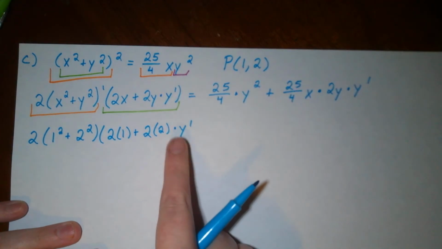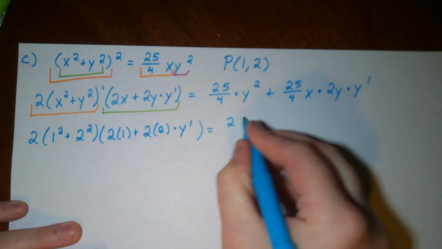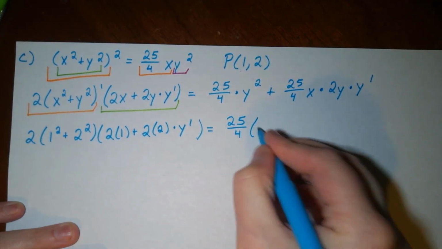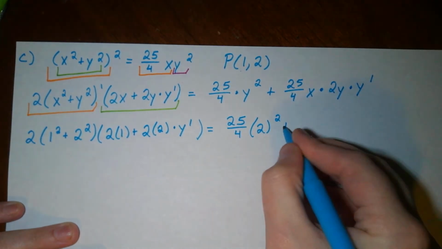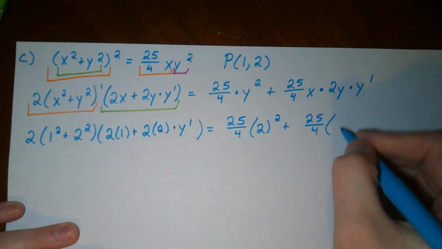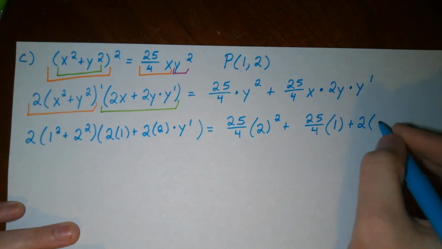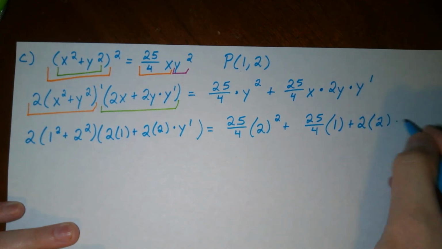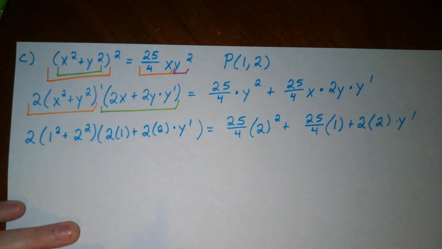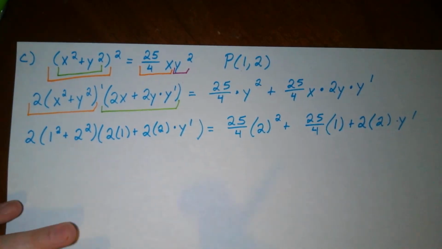Leave that as y prime, remember, because that's the thing we're trying to solve for. Equals 25 over 4 times 2 squared plus 25 over 4 times 1 plus 2 times y is 2 times y prime. All right, it's actually going to work out to look really nice.